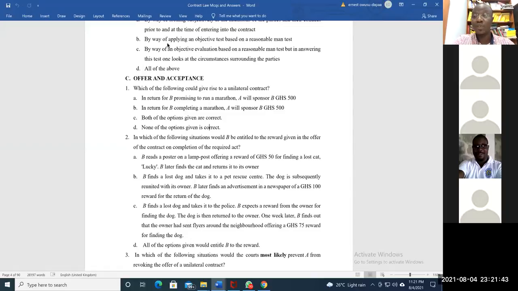If you examine B carefully, B appears to suggest that A says I will sponsor 500 Ghana cedis if you complete a marathon. So for B, do we see that A has any expectation that B will consider himself bound? No. Because what it means is that if B does not complete the marathon, A will not provide the sponsorship.